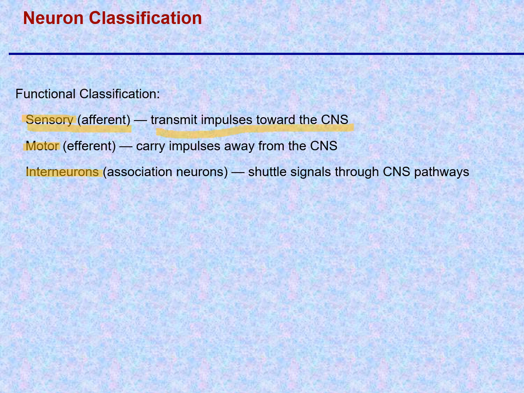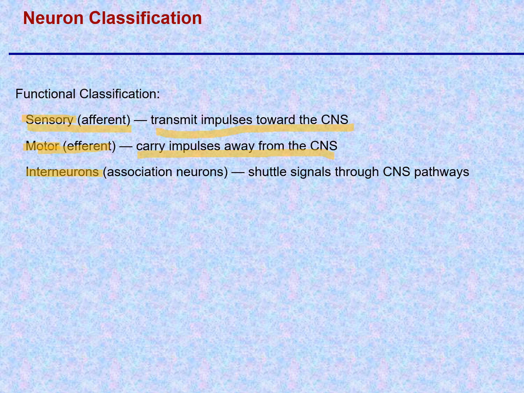This is the information that your nervous system is continuously collecting about your external and internal environments. The motor or efferent, outgoing type of neurons sends signals out away from the central nervous system. Remember, the nervous system is structured so that you have incoming afferent sensory input, then you get processing in the central nervous system, and then, if appropriate, you have motor or efferent output.